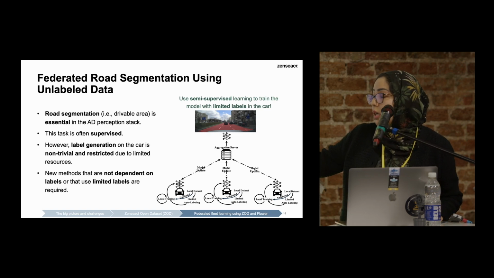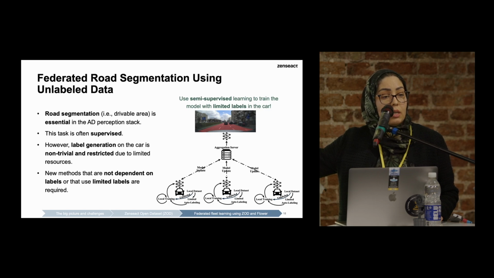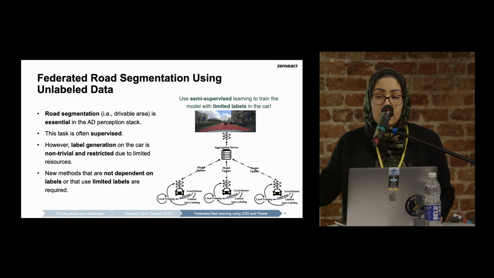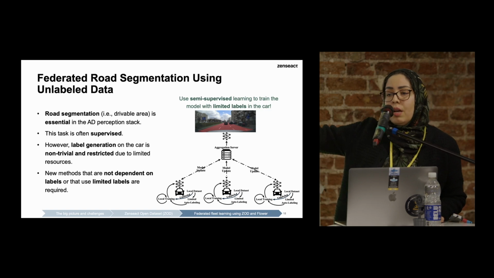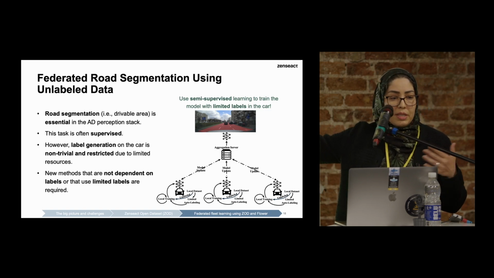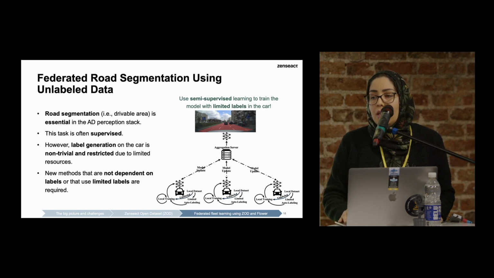In that project, we focused on another component of the AD perception stack called road segmentation, which says where the car can drive, where it is drivable. That one is also a supervised task.